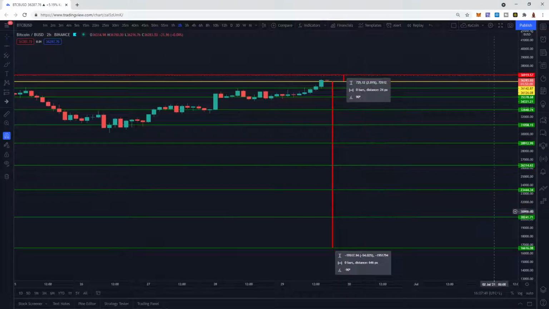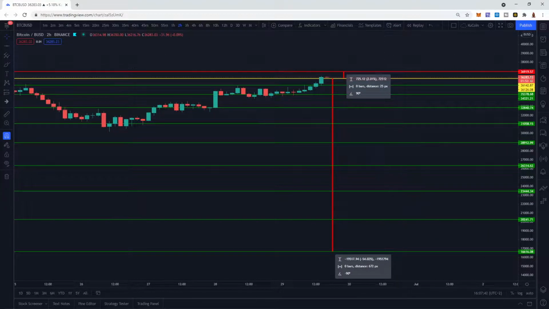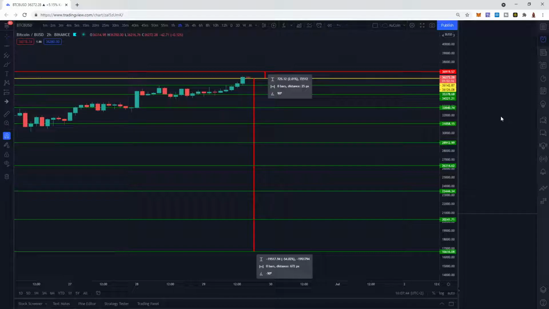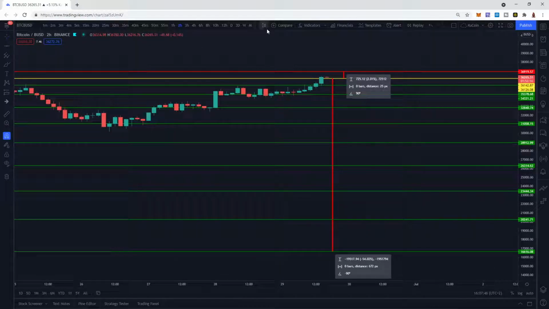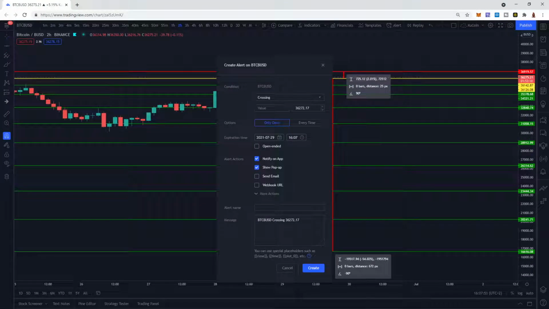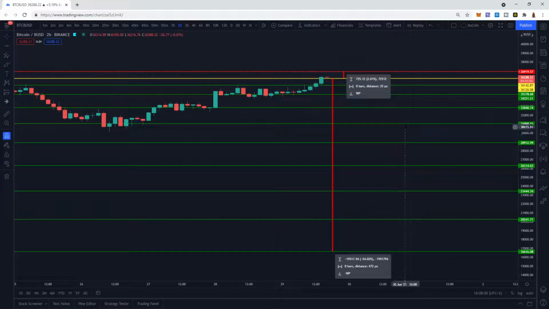All I'm going to do here is add an alert. If the market crosses the value of 36919.57, send me a warning.